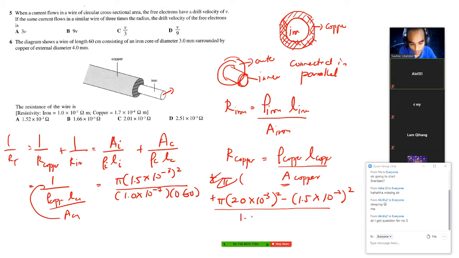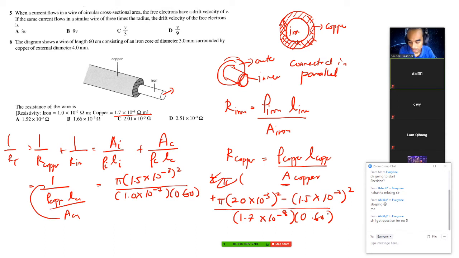Then 1.7 times 10 power negative 8, this number came from the copper, and times 0.60 as the length of the copper.